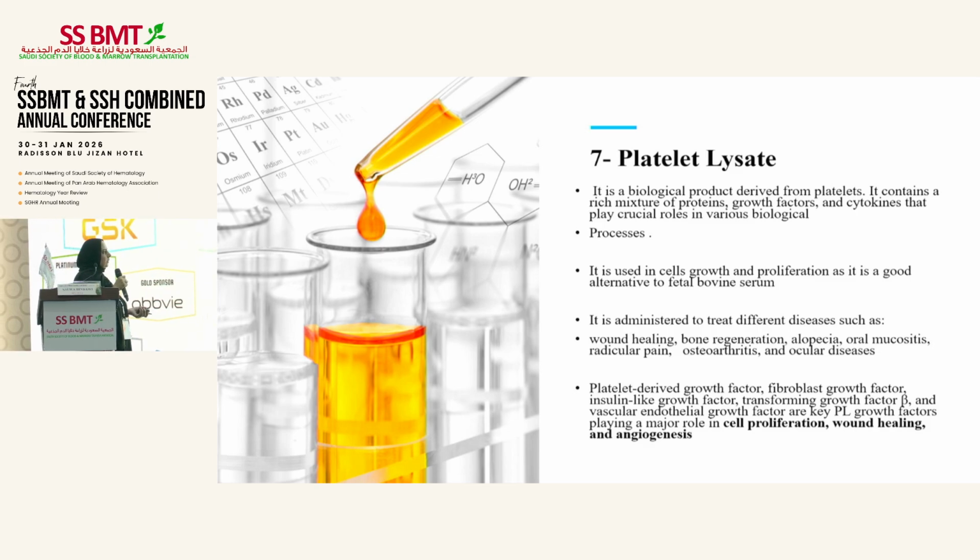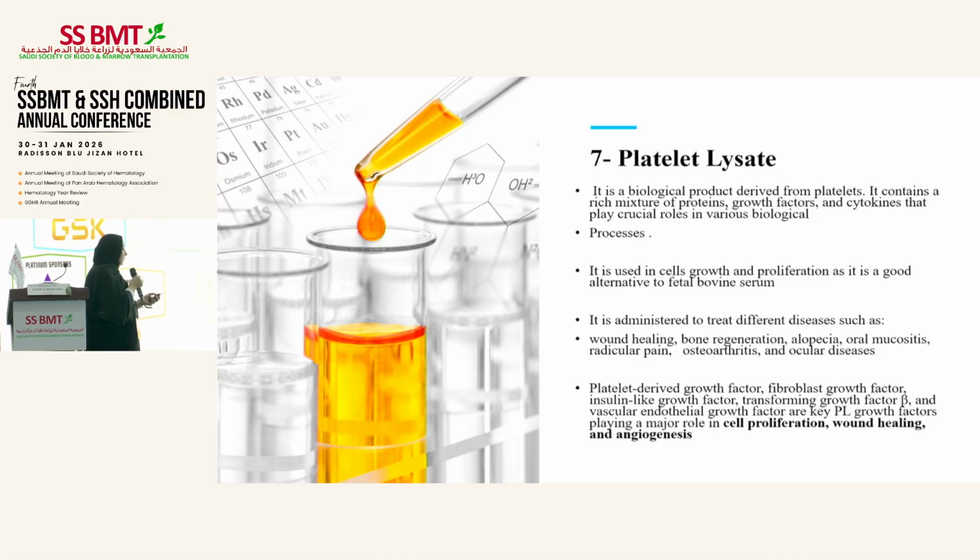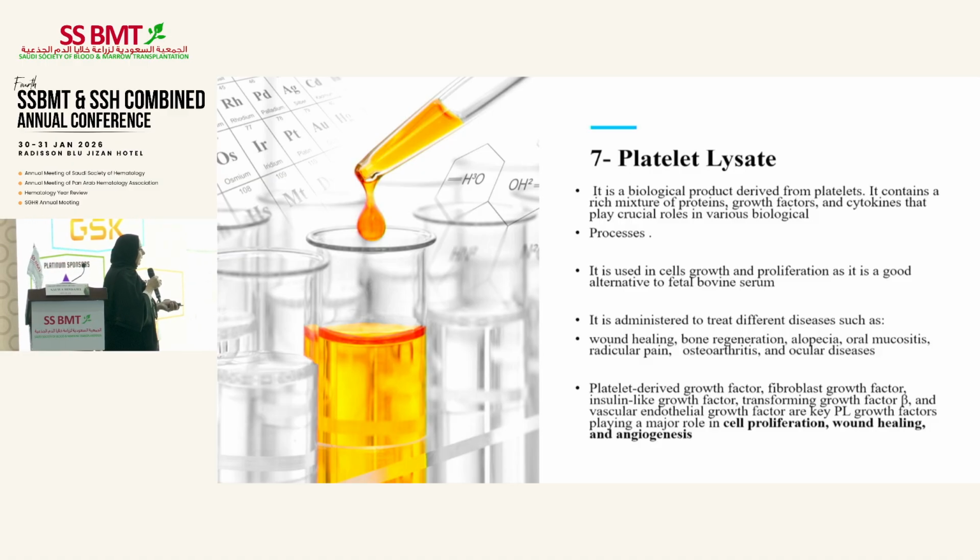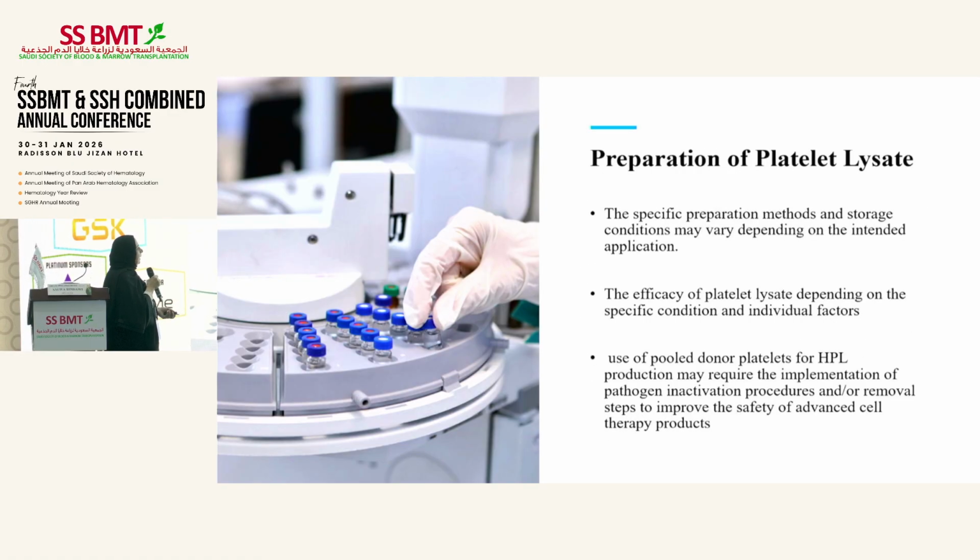It is used in cell growth and proliferation as a good alternative to fetal bovine serum. They have been using it since it was discovered in 1980, instead of fetal bovine serum in cell culture. But it is also administered to treat different diseases, such as wound healing and bone regeneration. We will see the clinical applications later on.